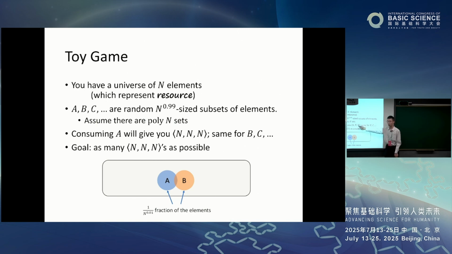The same opportunity applies to all of the sets B, C, etc. in the sequence, but the tricky thing is that every element in the universe can only be consumed once. Under these constraints, the goal of this toy game is to obtain as many matrix multiplication tensors as possible.